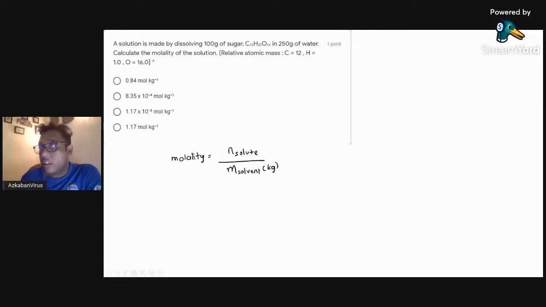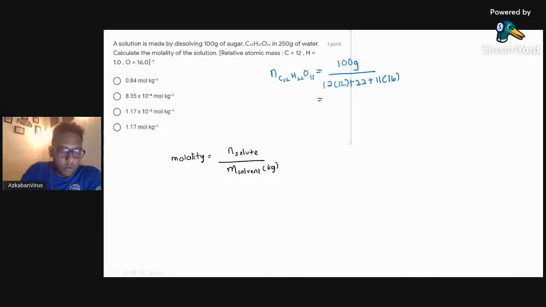So how do we do this? It's very simple. Calculate the mole first. The mole of sugar, C12H22O11, is equal to 100 gram divided by 12 times 12 plus 22 plus 11 times 16.